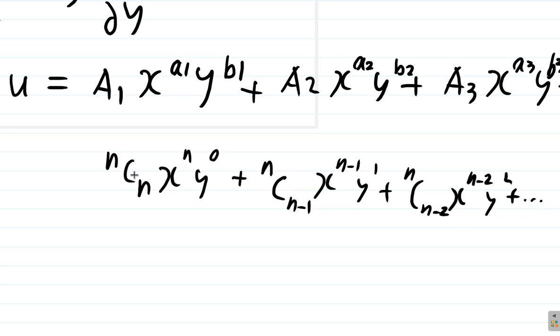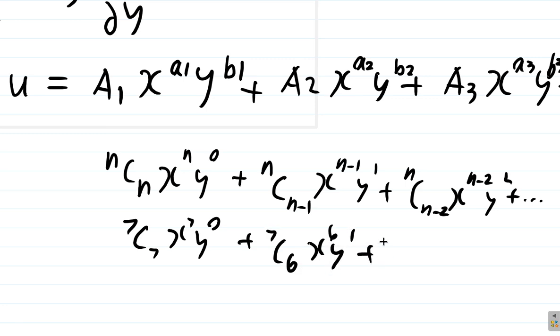It's somewhat like that, binomial, right? You might have a case where you have 7C7, x to the 7, y to the 0, plus 7C6, x to the 6, y to the 1, plus 7C5, x to the 5, y to the 2. Right? It's somewhat like that.